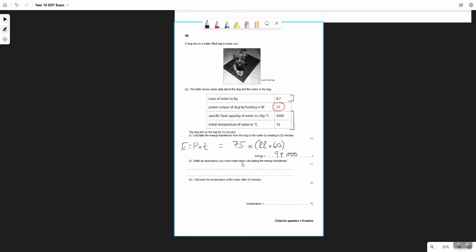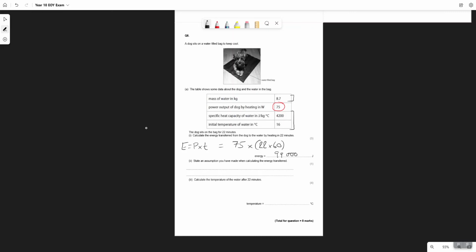State an assumption you have made when calculating the energy transferred. So we are assuming that power by heating in what? You can't just say 100% efficient or no energy lost. There needs to be a little bit again of being specific.